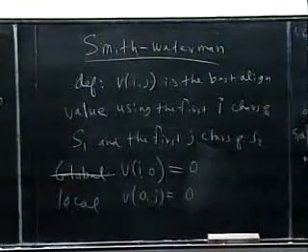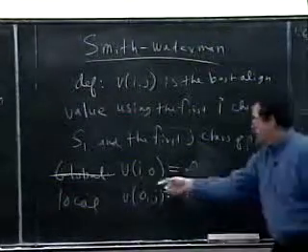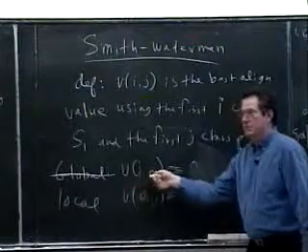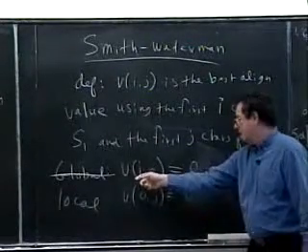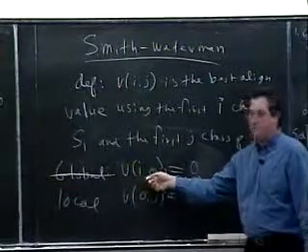And hopefully that's being motivated by this picture, but also just by thinking about it. This is saying, what's the best local alignment you can get when you have I characters from S1 to work with and 0 characters from S2?